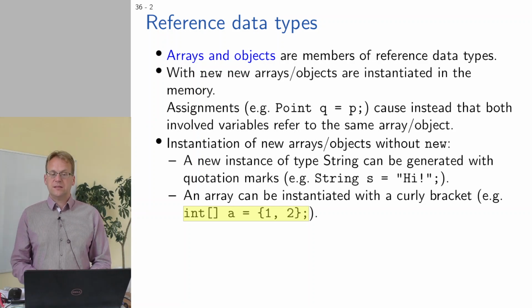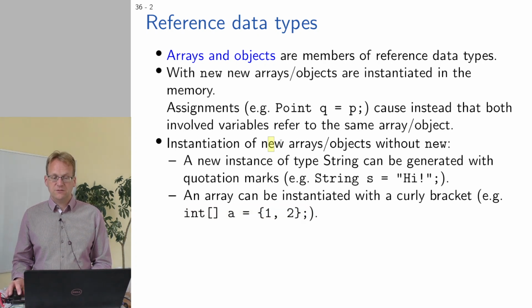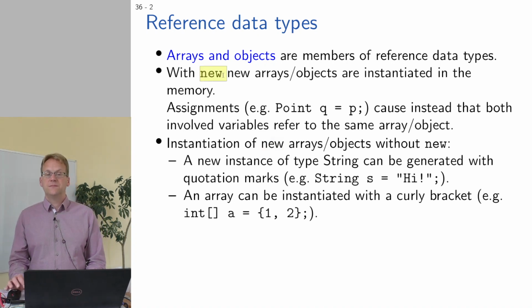So these are two exceptions where you are actually creating new data elements in the memory of your computer, meaning arrays or objects. But usually you can recognize the creation of new arrays and objects, or the instantiation, based on this keyword new.